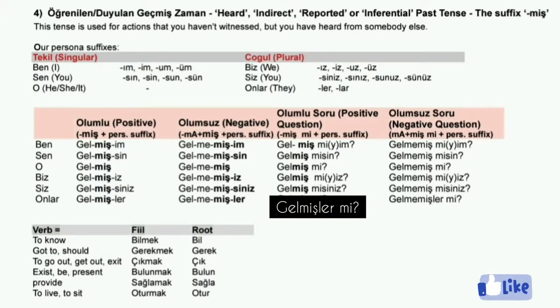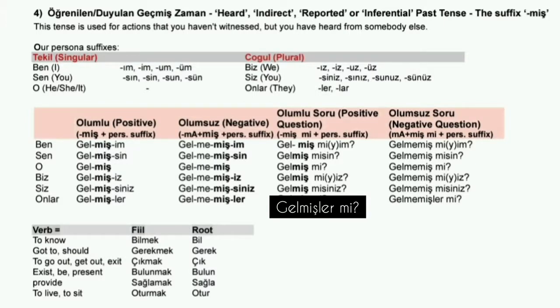To live or to sit. Depending on the context, it can mean to live or to sit. Oturmak. Otur is our root. Maybe you're saying that your husband lived in Ankara, but you haven't witnessed this situation, so you are telling someone else.